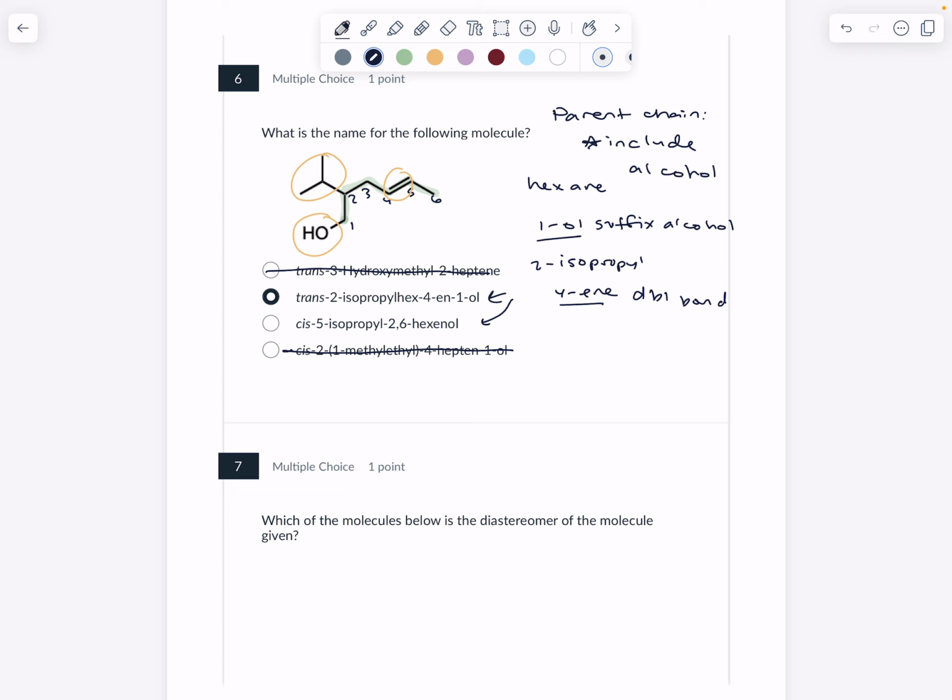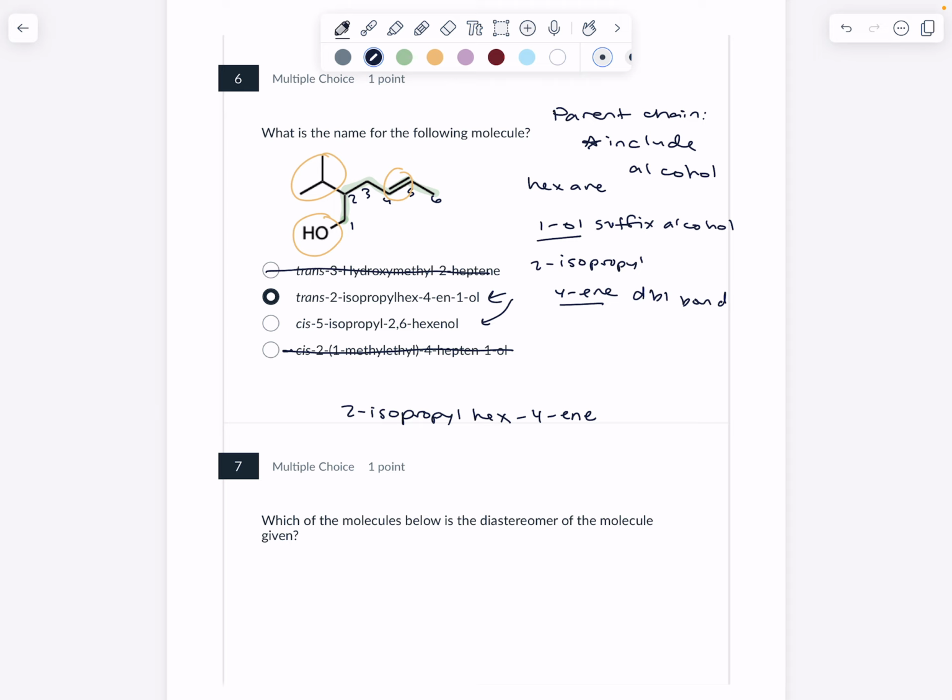Okay, so now when I'm combining this all, I'm going to say this is 2-isopropyl. It's in alphabetical order, but there's only 1 at the beginning. 2-isopropyl hex. And normally what I do is right before the substituent, I write the number. So hex 4-ene. And you might be thinking, well, why did you put the double bond before the alcohol?